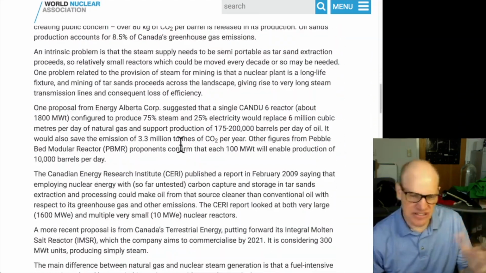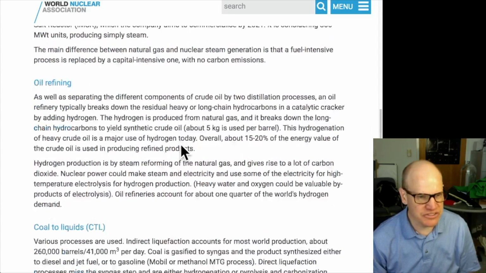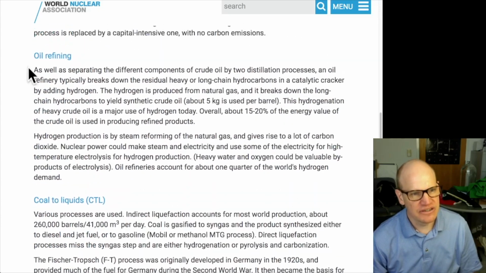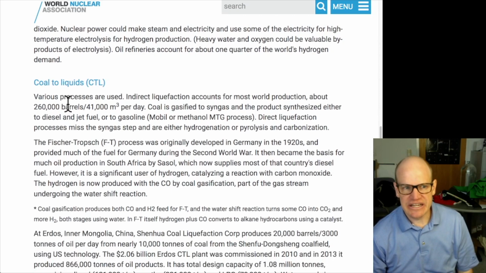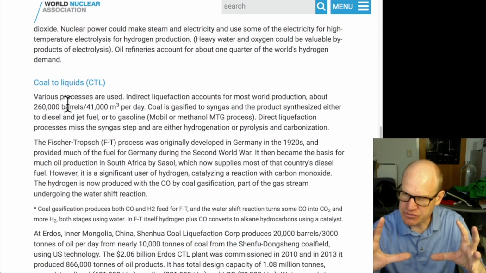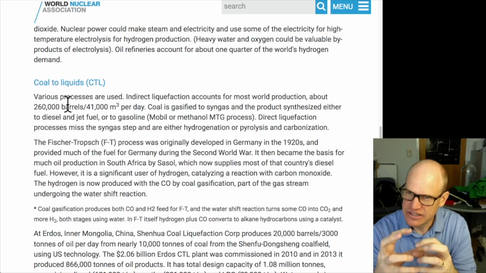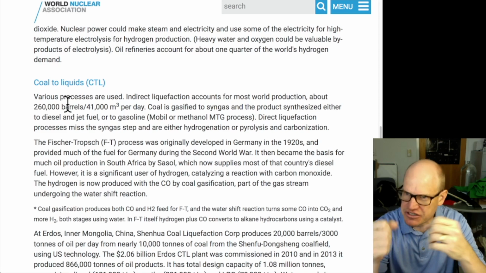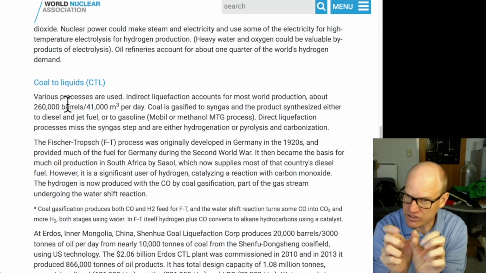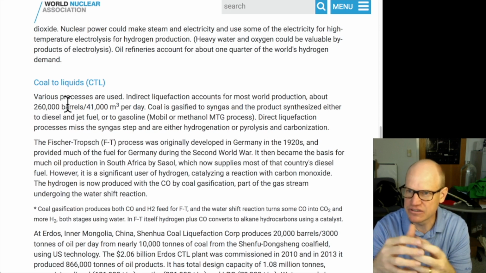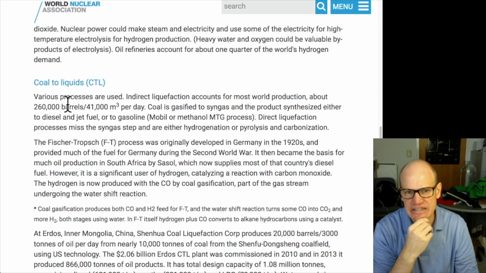Oil from tar sands, like this is all part of the mix of things that we discussed already. We'd already talked about oil refining, coal to liquids. So this is a way of taking the long hydrocarbon chains from coal, you melt the coal down into a liquid form, and then you can crack the large hydrocarbon chains and form smaller ones, so you can liquefy that and then turn it into highly processed fuels that you can use in cars.